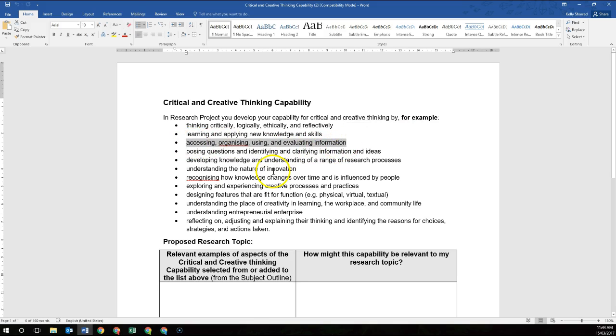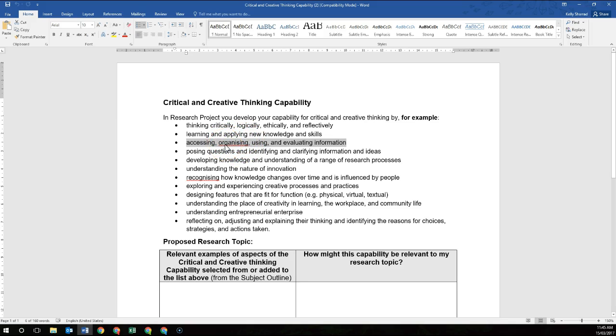Looking at dot point 3, accessing, organizing, using, and evaluating information, everyone will be doing this in their research project. So you'll be developing your ability to access information by using different research processes, such as interviews or surveys or documentaries, magazine articles, books. You're also going to be organizing this information as well.